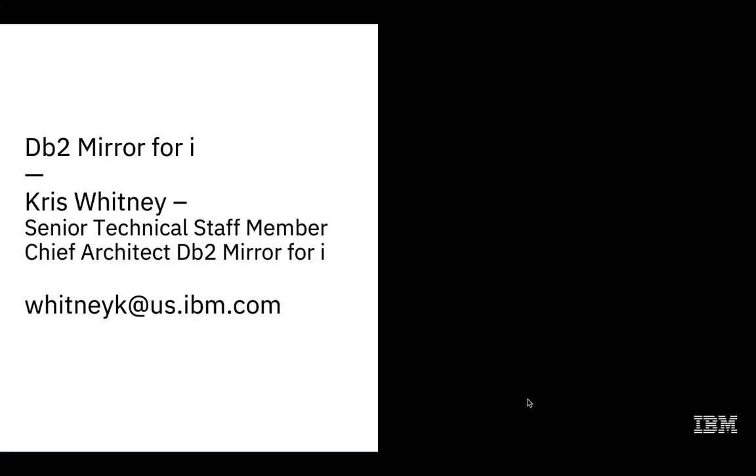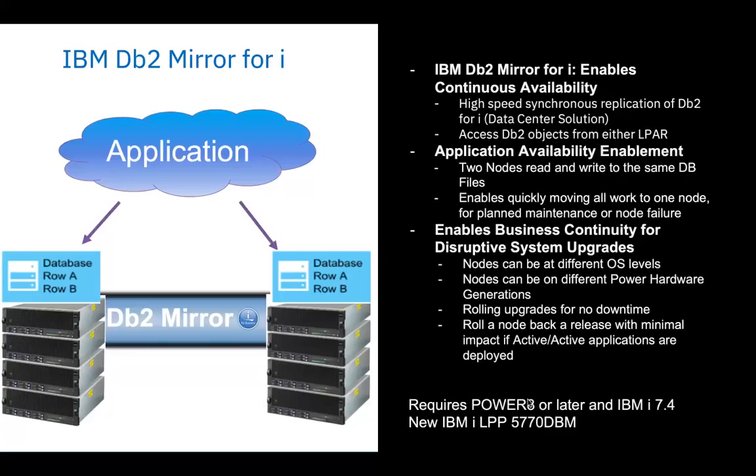Today we're going to talk about Db2 Mirror. I had the pleasure of starting this project and working on it from the beginning, and discussing that a little bit before the call. It was actually probably 4 to 4.5 years ago, and what really came about from this was customer feedback. We really try in IBM i to listen to our customers, and sometimes it's very challenging to solve what customers are asking for.